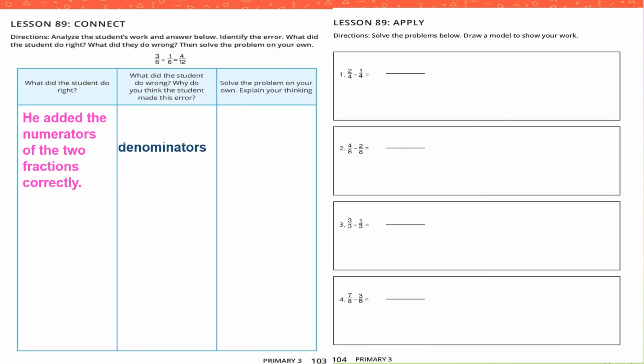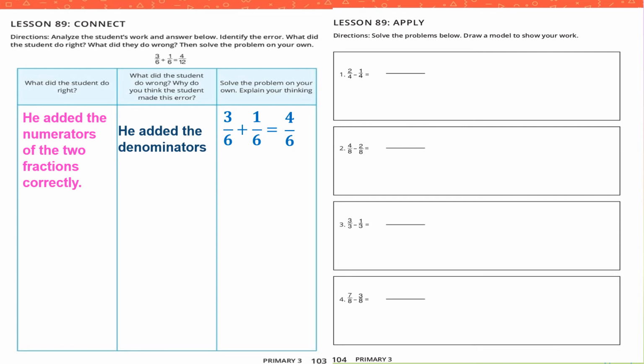But the mistake here, he added the denominators. And we said before, when we have the same denominators, we can't add the denominators, but you must put it as it is. So the right answer here, 3 over 6 plus 1 over 6 equals 3 plus 1 equals 4 over the denominator, no change. Put it as it is.